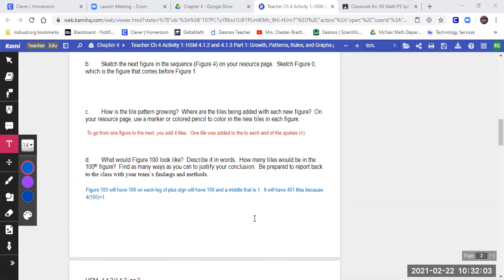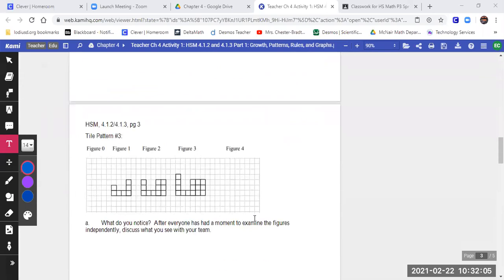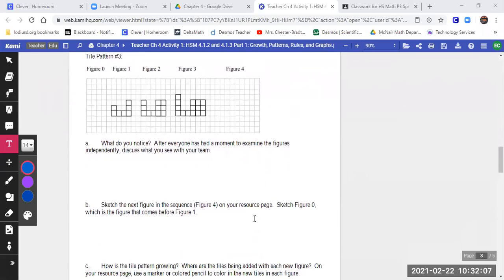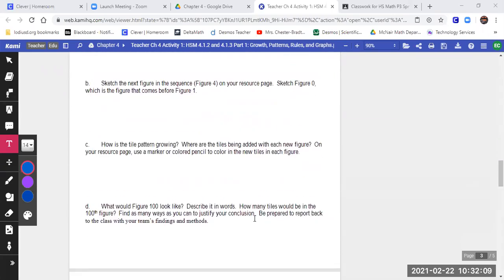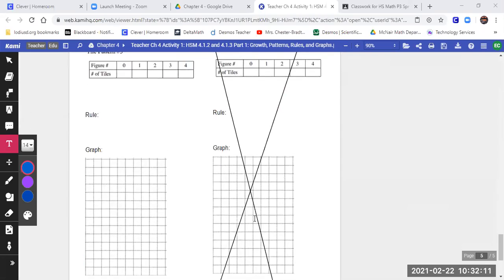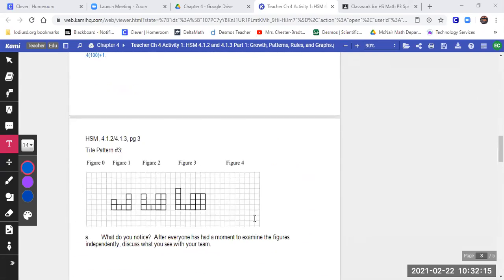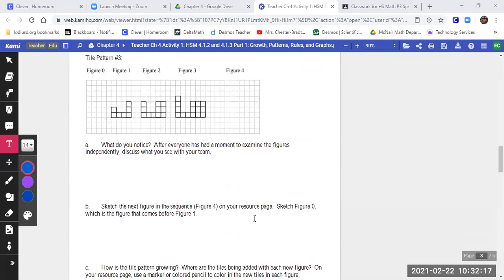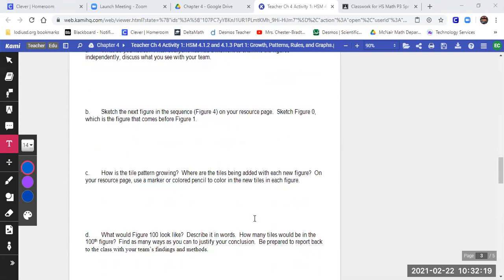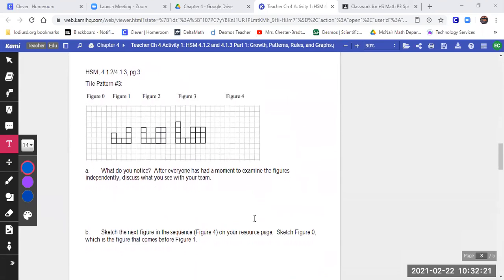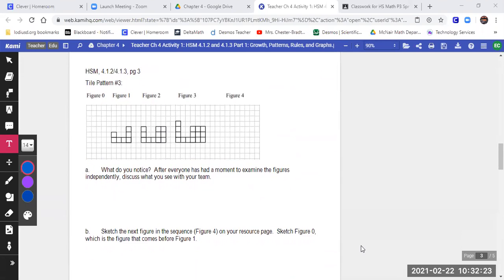Okay, questions about that? Any questions about that? So you are going to be completing figure tile pattern 3 and its little table down here. And this is going to be due at noon today. If you don't do your figure 3, then the best I'm going to give you is 50%. Do we understand? Okay.